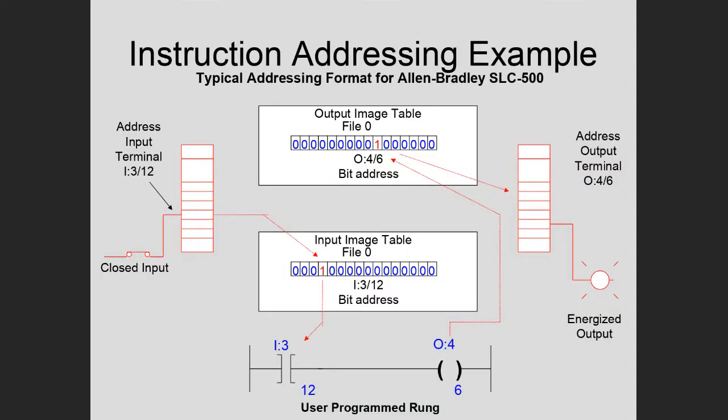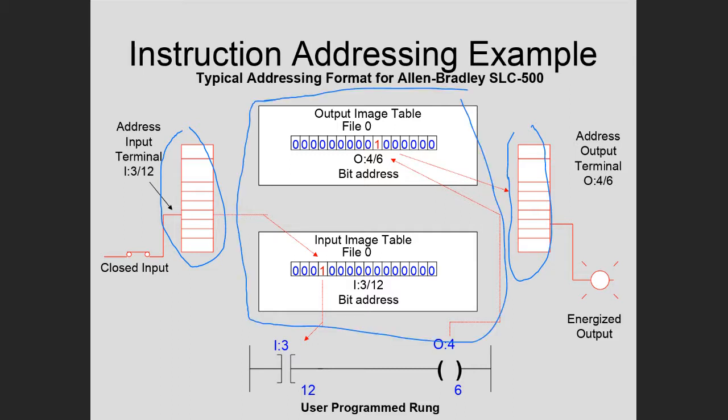So here's how addressing works. What we're showing in this diagram is a couple things. This is hardware. Everything in the middle here is all software. This is in memory, and this is the program down here that you wrote. That's all in memory.